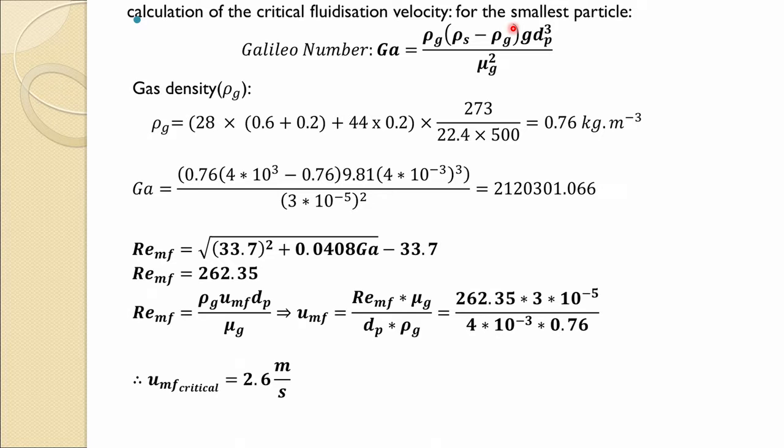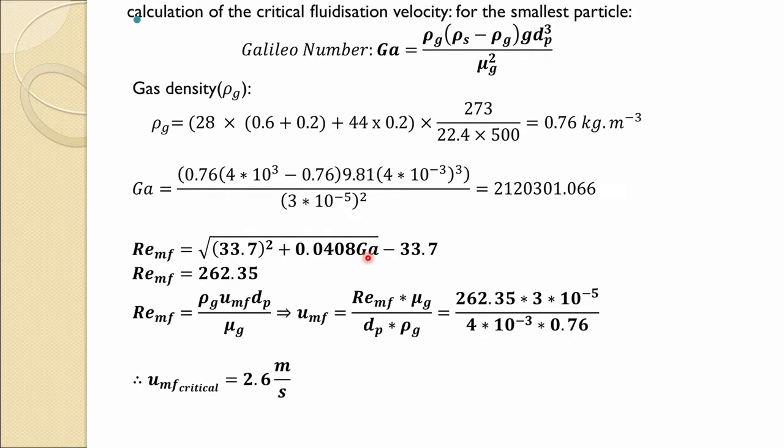If we put these values into this formula, we get the Galileo number of 2.1 into 10 to the power 6. Once you have this Galileo number, again you are aware of this formula which we deduced from first principles in the beginning.